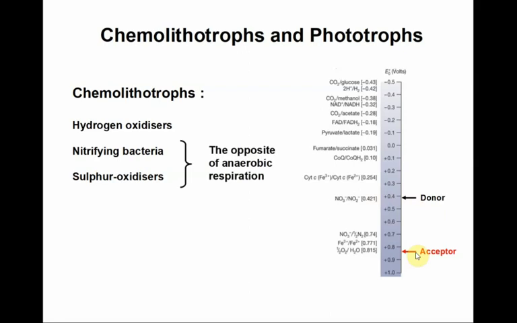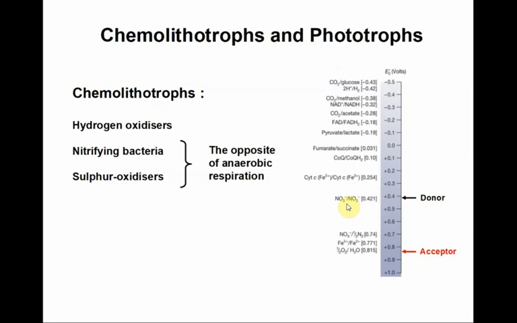And interestingly enough, for the nitrifying bacteria and the sulfur oxidizers, this is kind of doing the opposite thing to what we just saw in anaerobic respiration. In anaerobic respiration, nitrate, this half reaction here, was the electron acceptor, right?